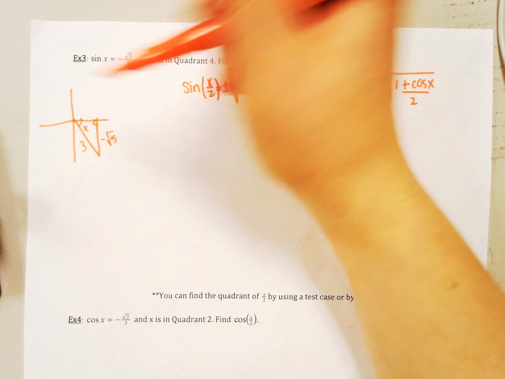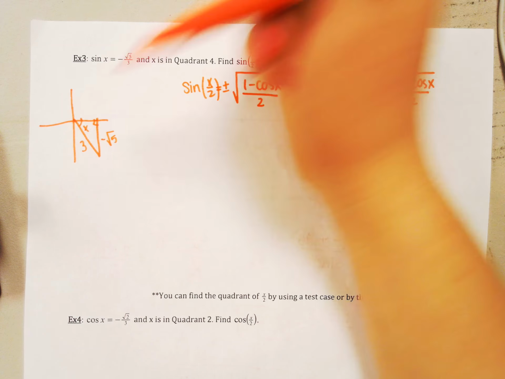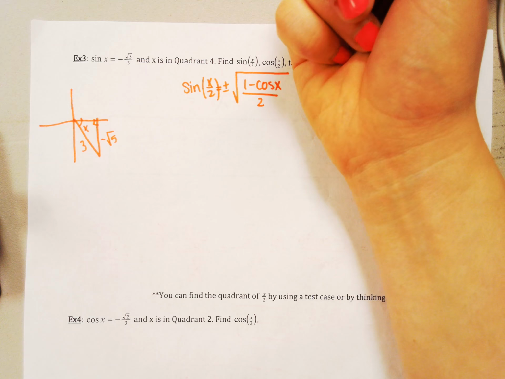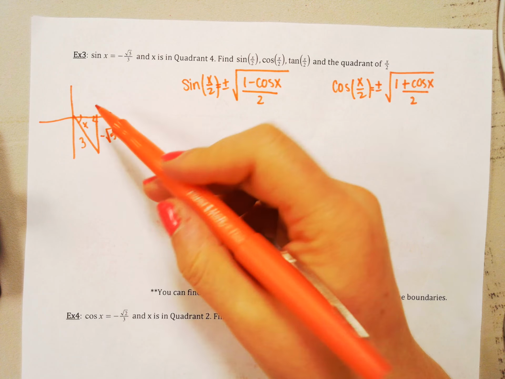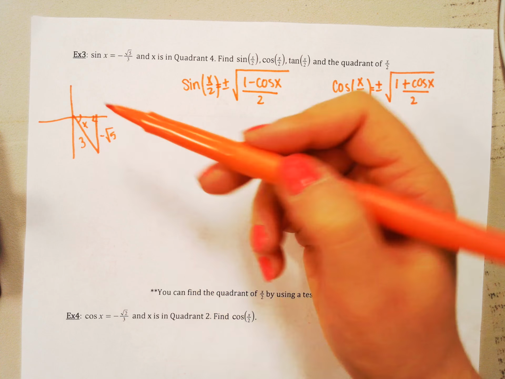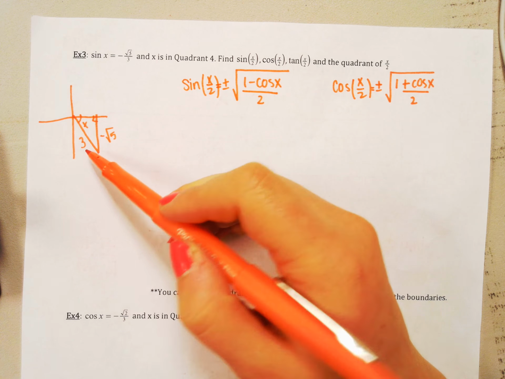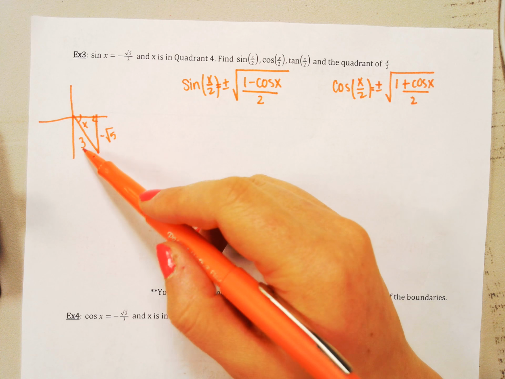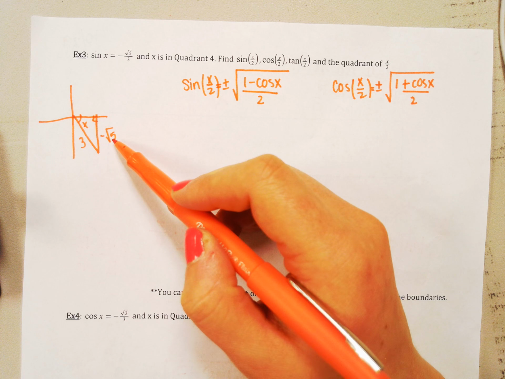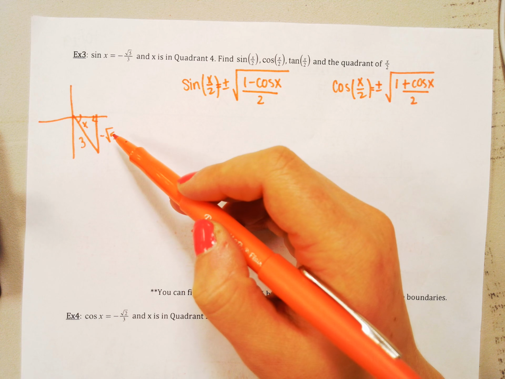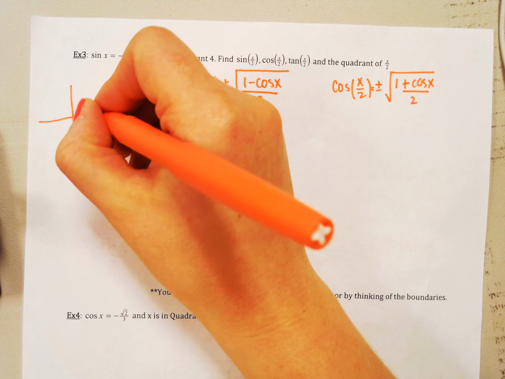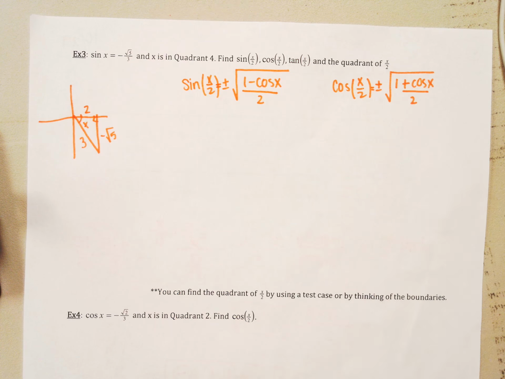So I can use that to come up with my value here on my x-axis, which is really my cosine value, where I'm going to use my adjacent. I can use the Pythagorean theorem here: 3 squared minus 5, so 9 minus 5 is 4. Take the square root, we should get 2, positive.